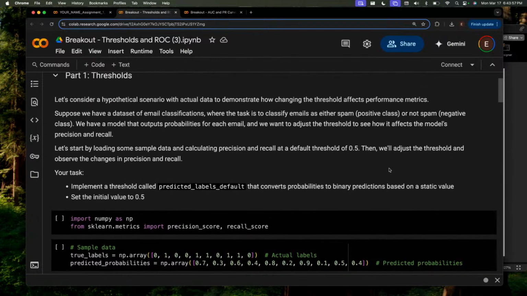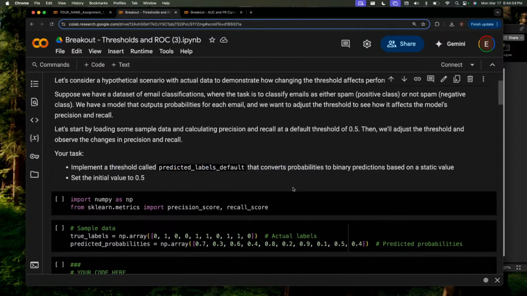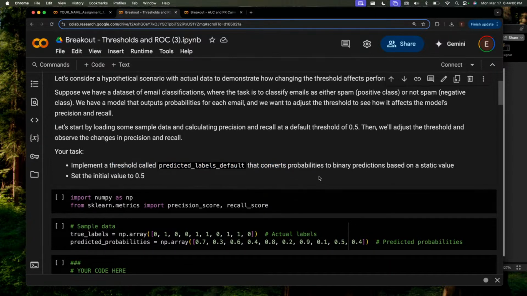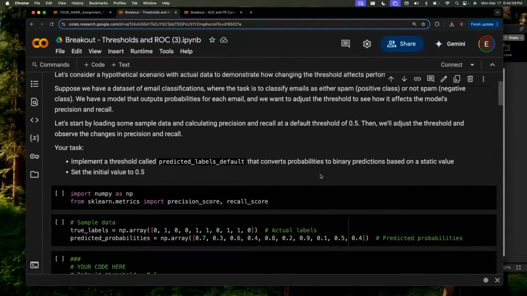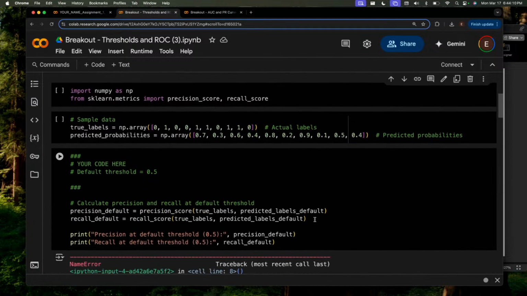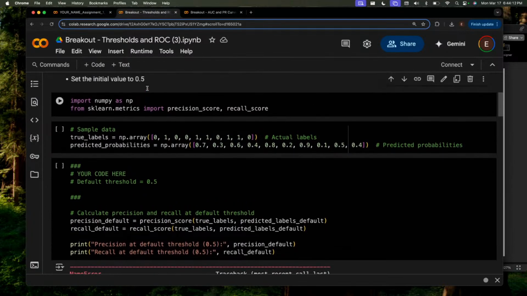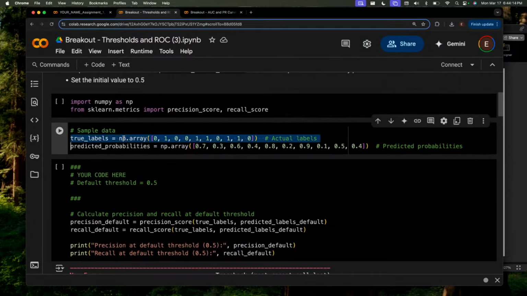What you guys are going to do is implement a threshold called predicted labels default that converts probabilities to binary predictions based on a static value. So here we have some true labels, and here we have some probabilities.